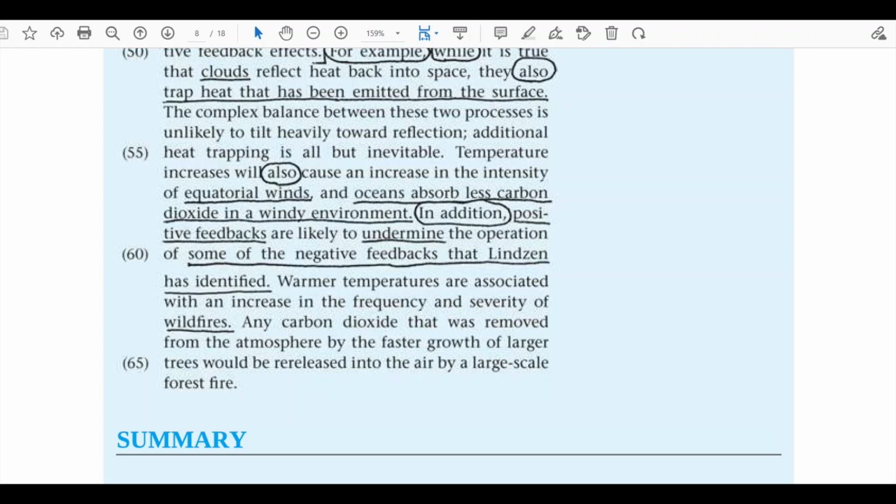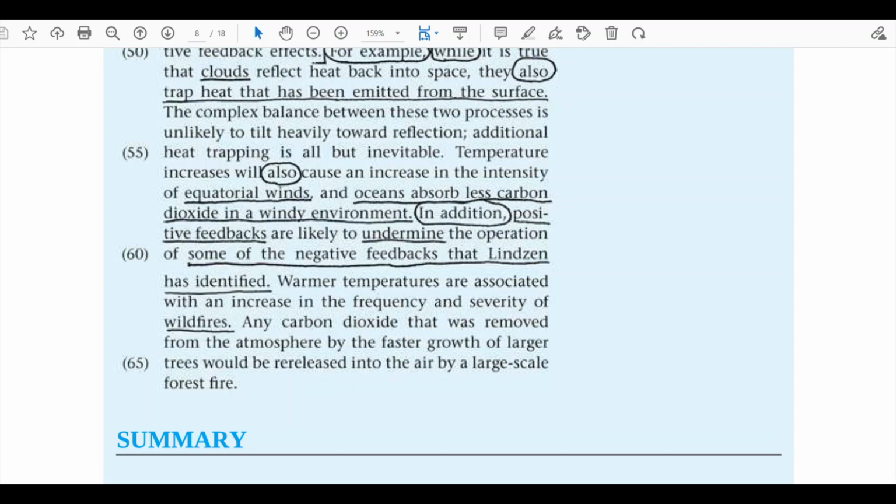The passage states that warmer temperatures could cause more frequent and severe wildfires, and the passage also states that the thawing of the permafrost could cause warmer temperatures. It might seem reasonable to connect these two ideas, but the passage itself never makes that connection.